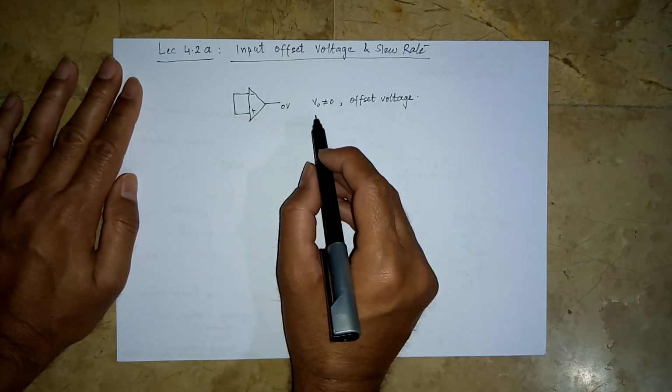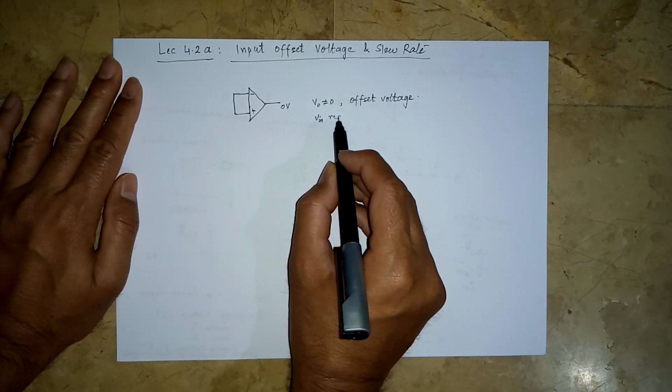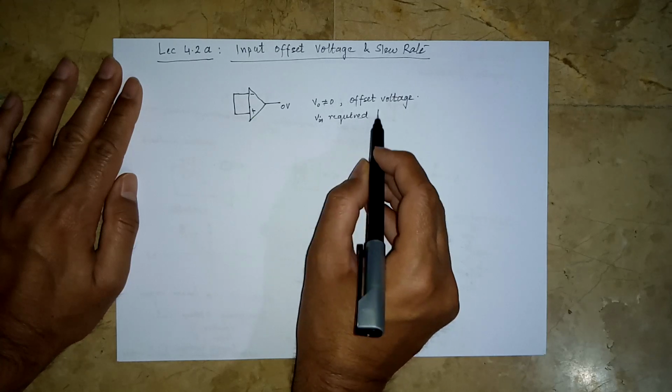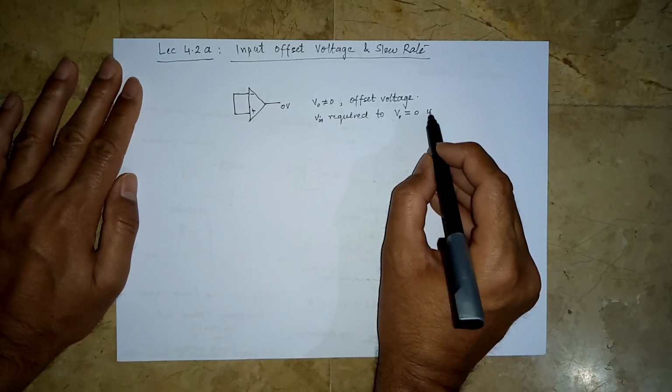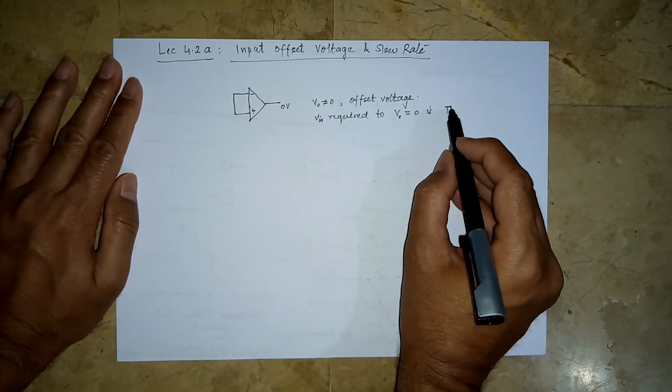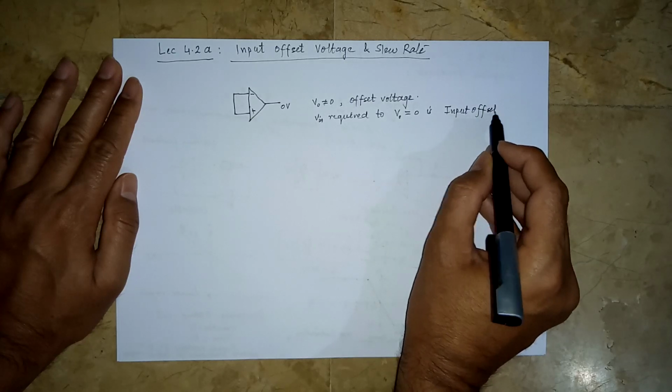Now the input voltage required to make VO equal to 0 is called input offset voltage.